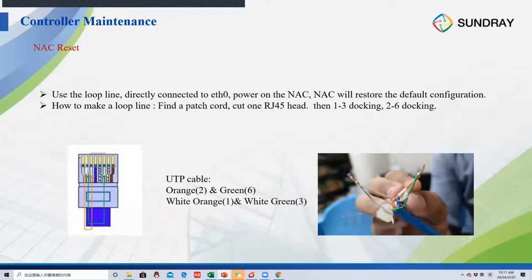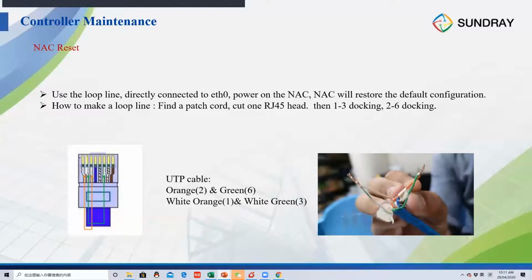So right now you can use a loop line inserted in the ETH1. The question is how we can make a loop line. You just find a patch cord, cut one end, and connect pin 1 to 3 and 2 to 6.